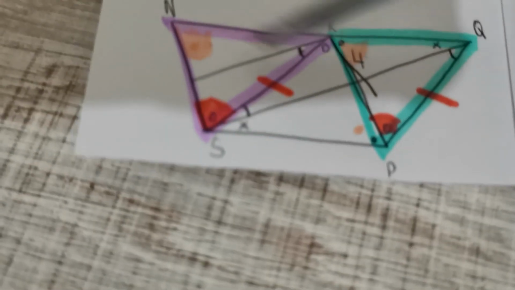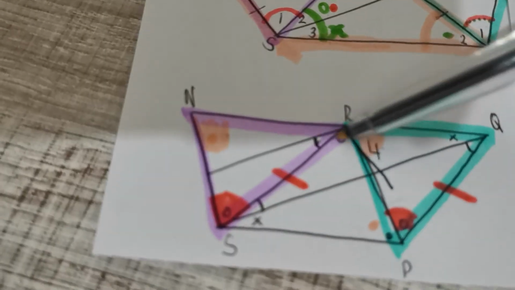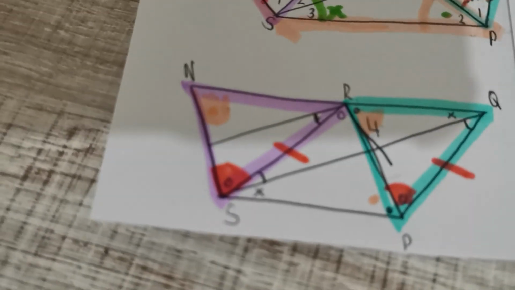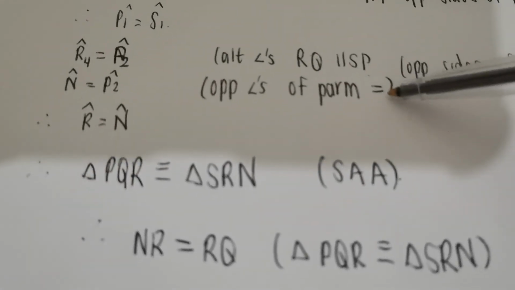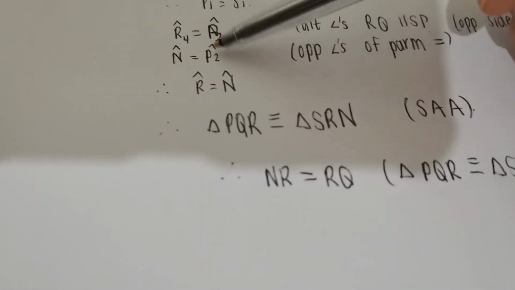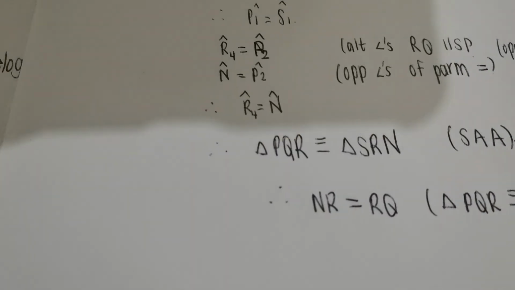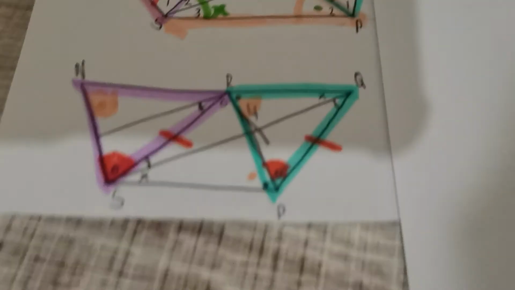Then I said this angle over here, which is P2, equals angle N, because remember we discussed that this thing is a parallelogram, opposite angles being equal. That's what I wrote down over there. If these two angles are the same, let's list that down. Therefore, I now have all the information.